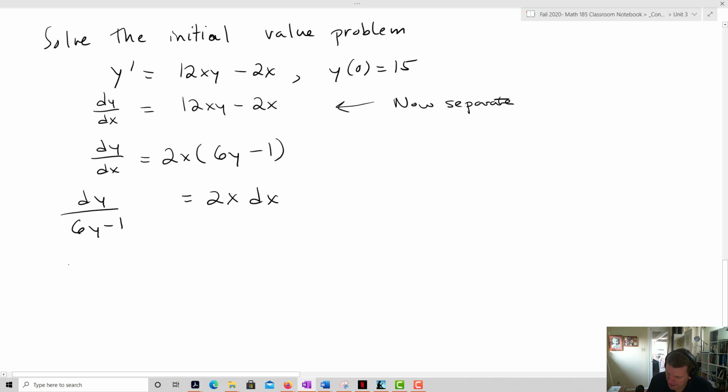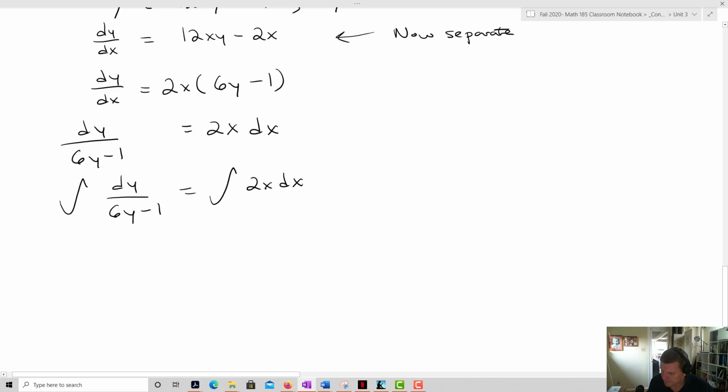Now that we're fully separated, we integrate both sides. The integral of dy over 6y minus 1 equals the integral of 2x dx. On this side, we'll use a u substitution, so we'll let u equal 6y minus 1.